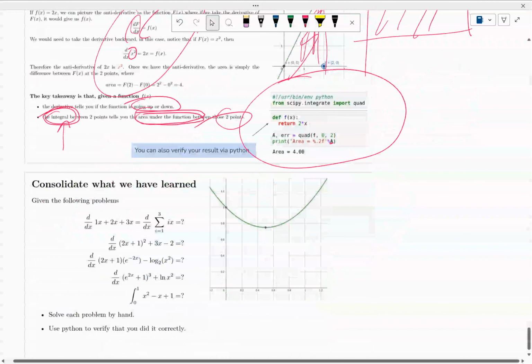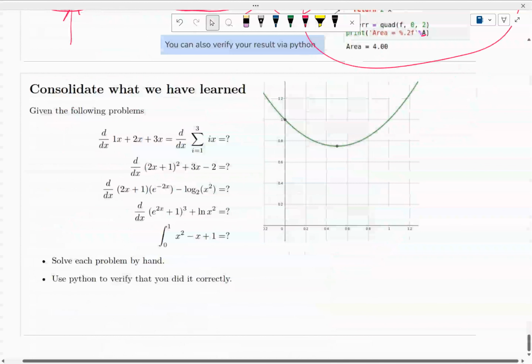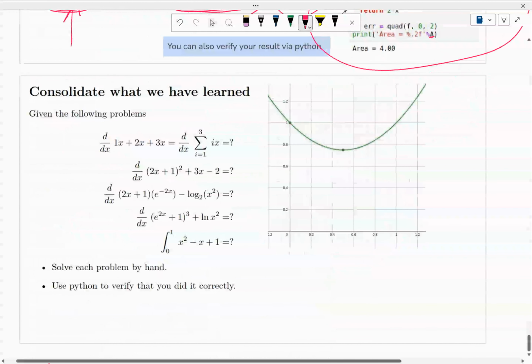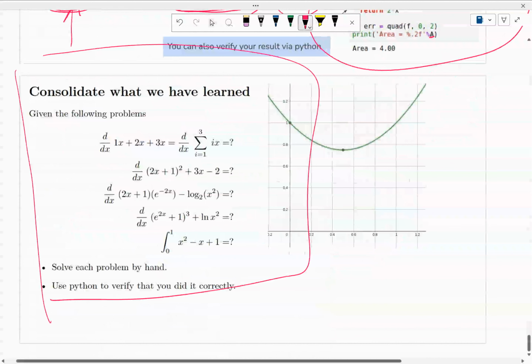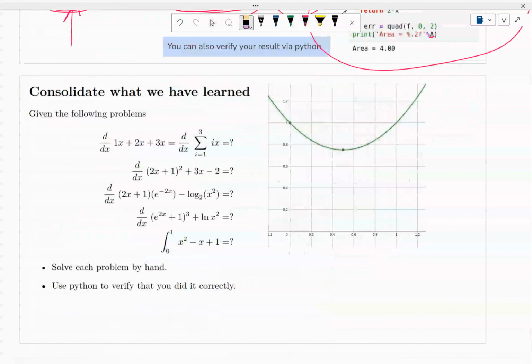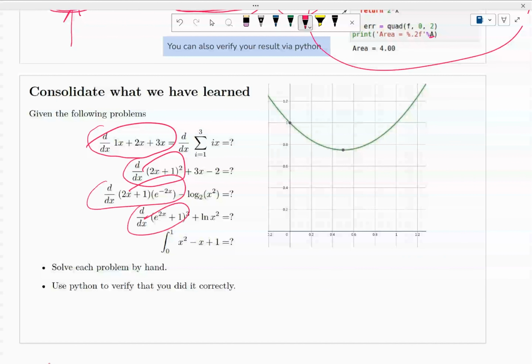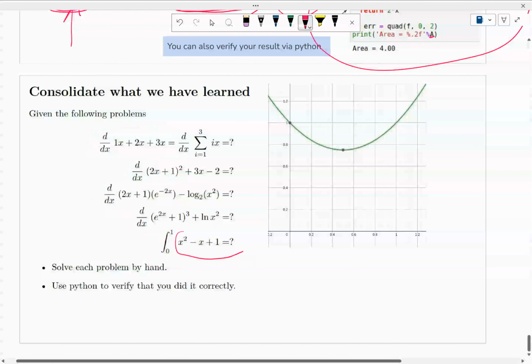So let's try to consolidate everything we've learned. Given the following problems, let's see if you can find the derivative of these as well as the integral of this one. This particular function is the green line right here, so you're trying to find the integral between 0 and 1, right?